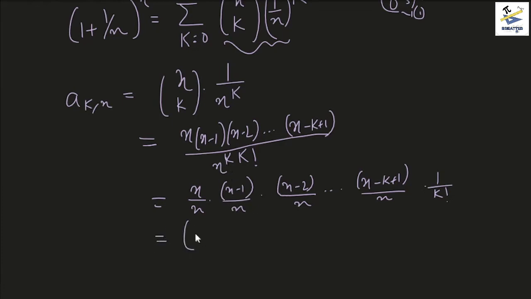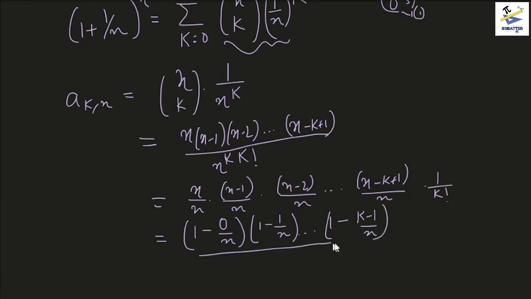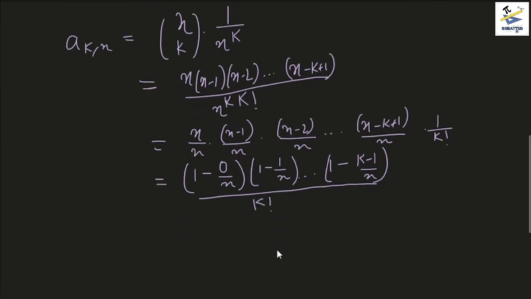So this gives us 1 minus 0 by x into 1 minus 1 by x and all the way up to 1 minus k minus 1 by x, whole divided by k factorial, right? Which can be written in the product form as follows: the product r equals 0 to k minus 1 of 1 minus r by x, and there is a 1 by k factorial outside, right?